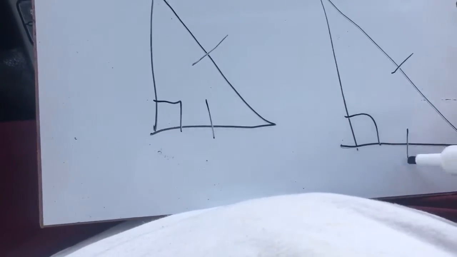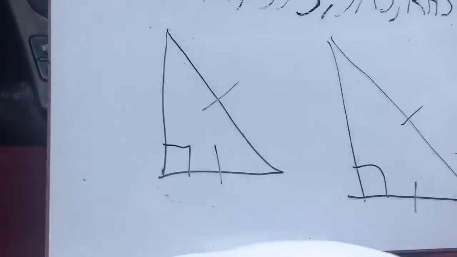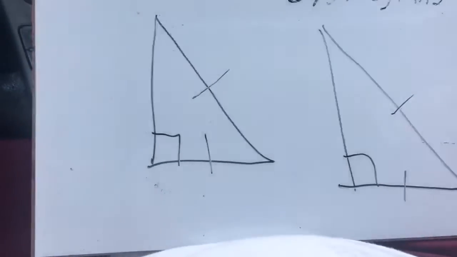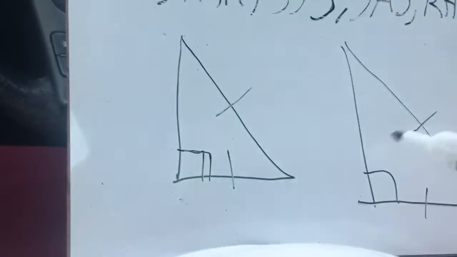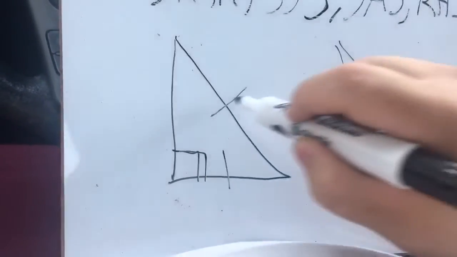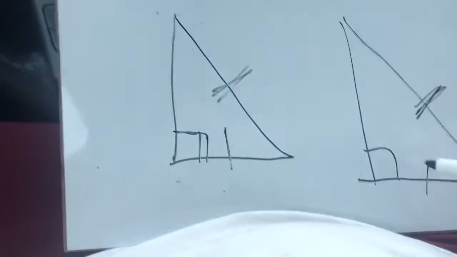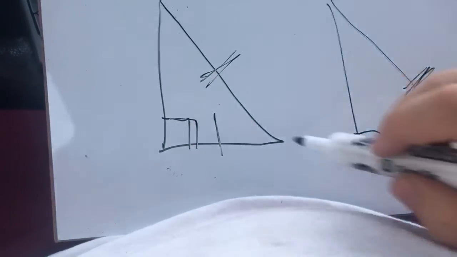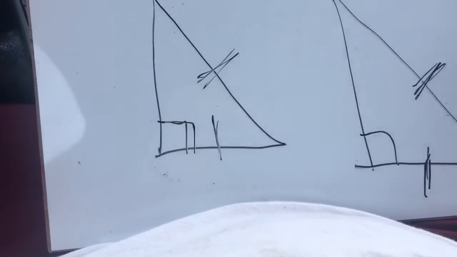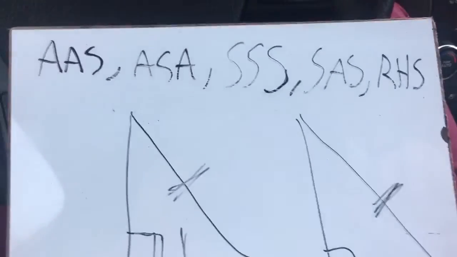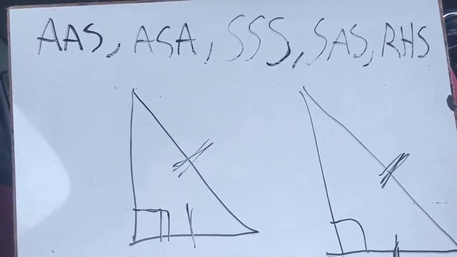If it's a side angle postulate, and it's a right triangle, and the hypotenuse is equal, and one side is equal, then they are congruent. And that's the right angle, hypotenuse, side postulate, or HS postulate.